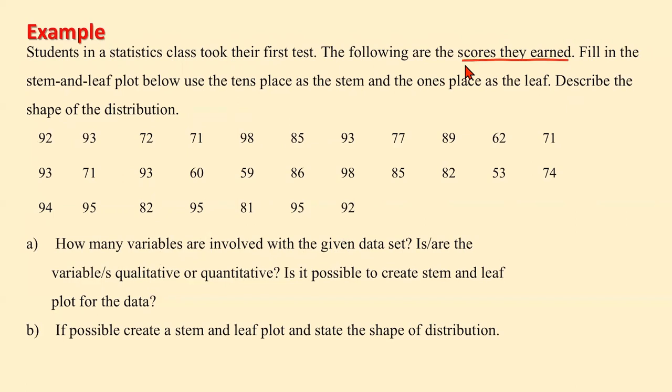So how many variables are involved? That's one variable. And also you can see that this involves pure numbers. So I can say one, and that is a quantitative variable, right? One quantitative variable.